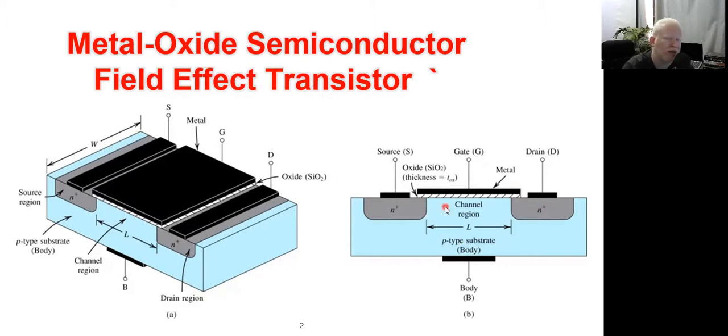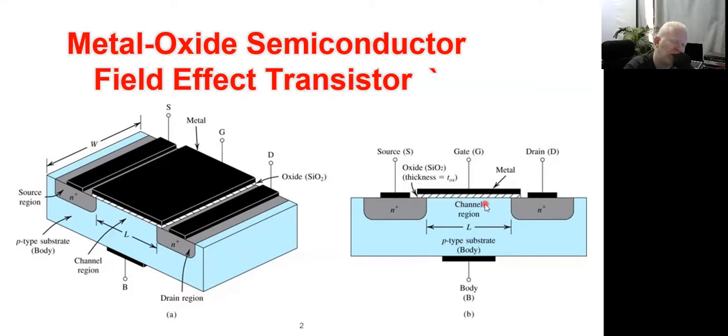Regarding the contacts, our device is a 4-terminal device. As you can see, we have a contact to the source, another contact to the drain, a third contact to the body or the substrate, and a fourth contact, which is directed to the region between the source and drain, which we will later call the channel region.